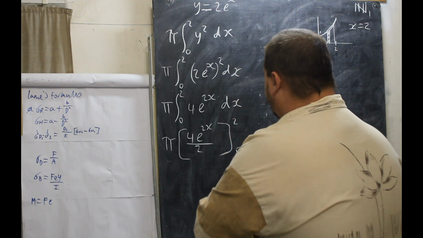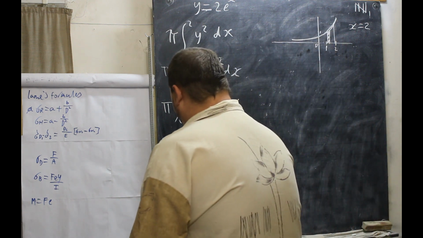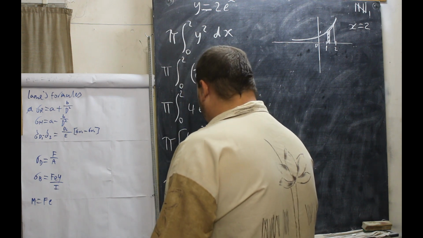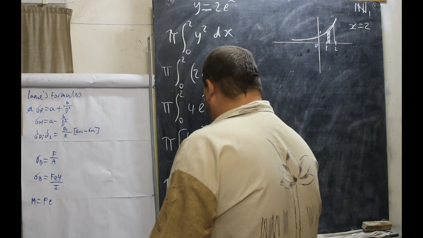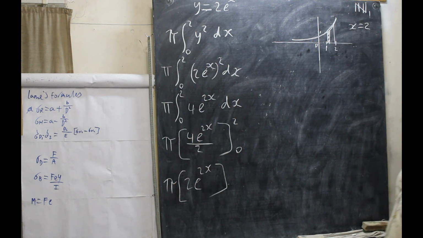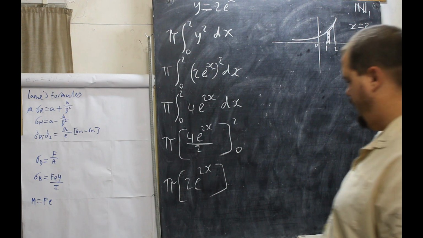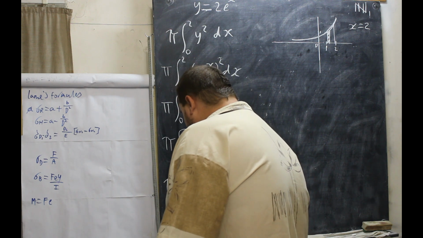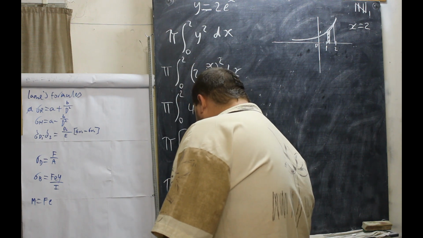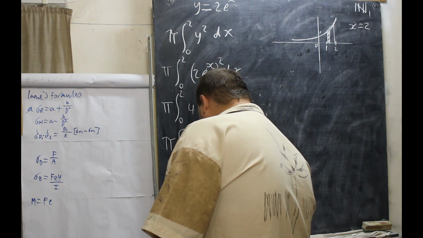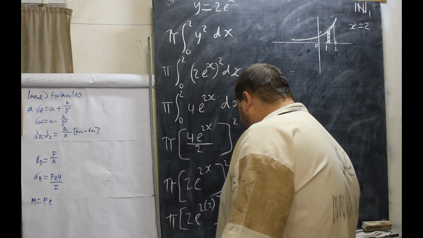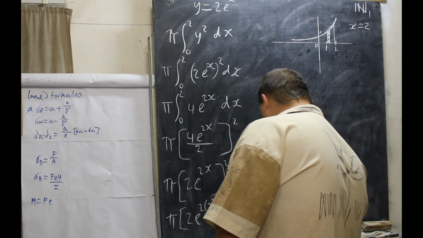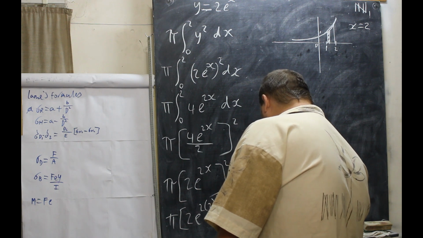Limits 0 to 2. So we've got pi times 2e to the 2x, now that's from 0 to 2. Pi times 2e to the 2 times 2, minus 2e to the 2 times 0.